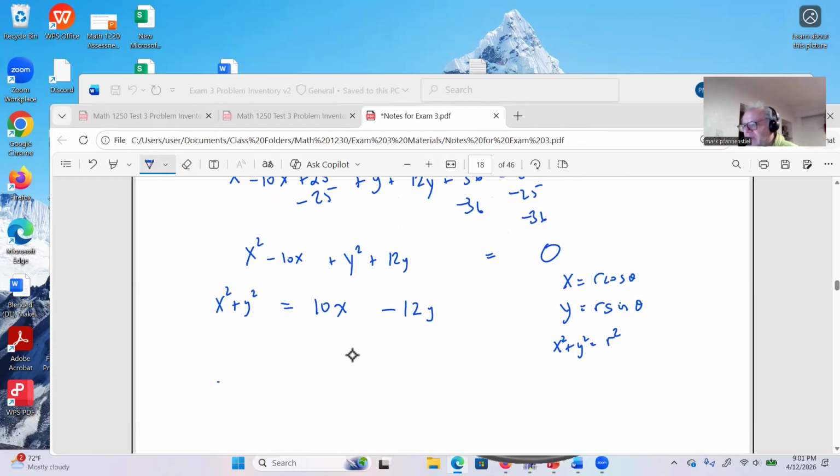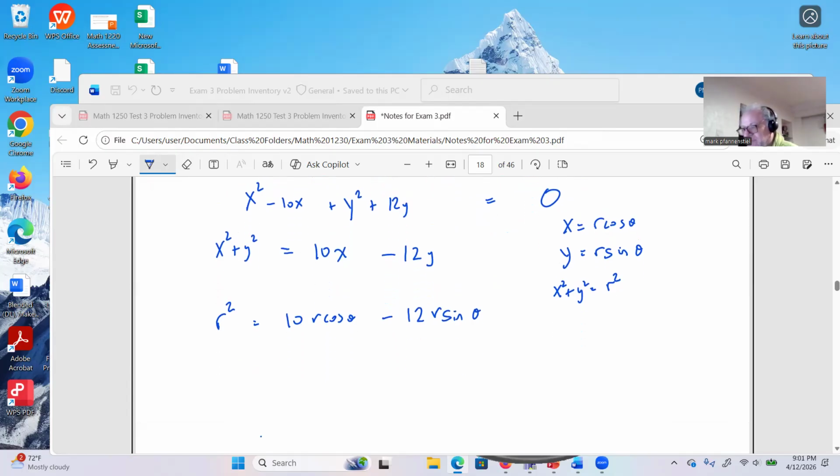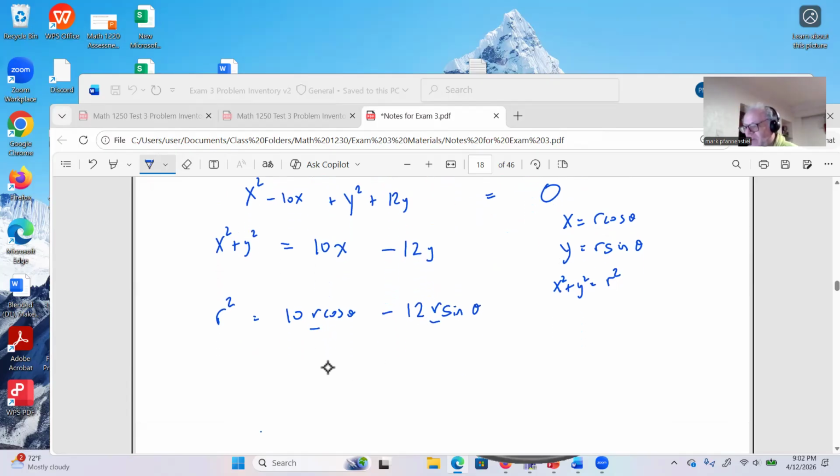So we have x² + y², that's r², equals 10 times x, which is r cos θ, minus 12 times y, which is r sin θ. Now we have an r that's common in both of these terms, so r² = r(10 cos θ − 12 sin θ). The r got factored out.